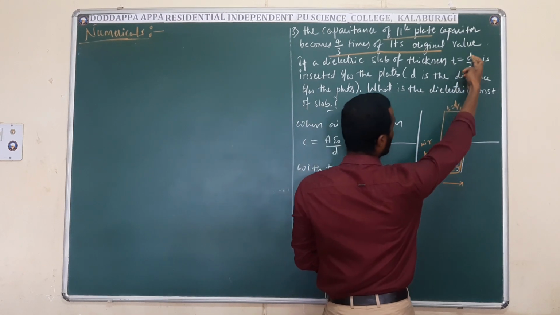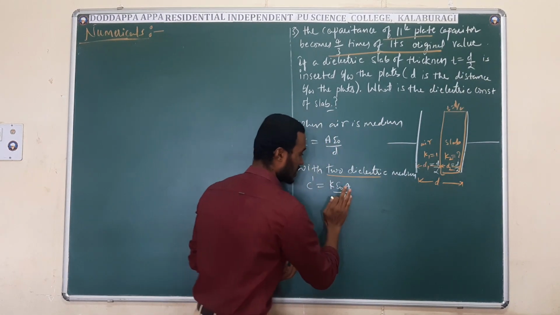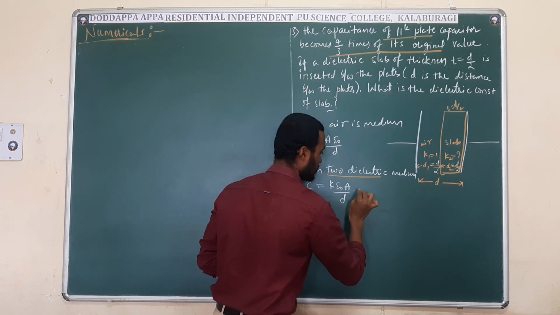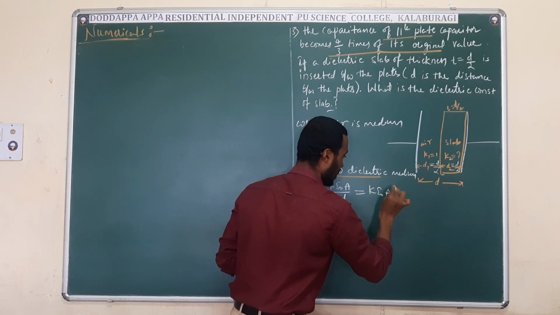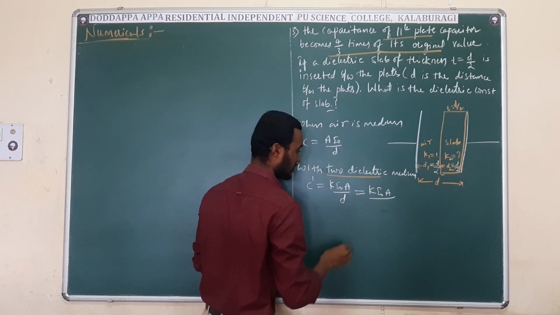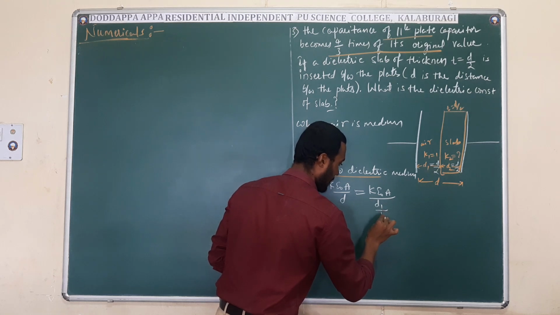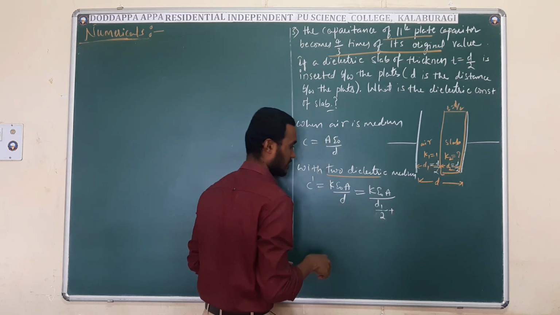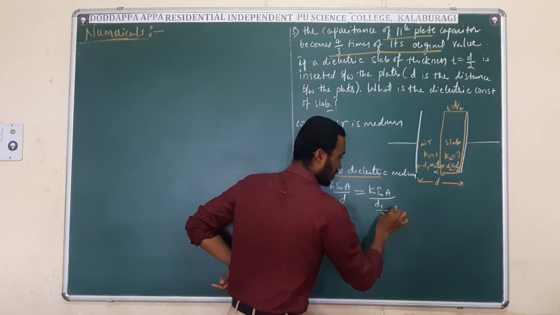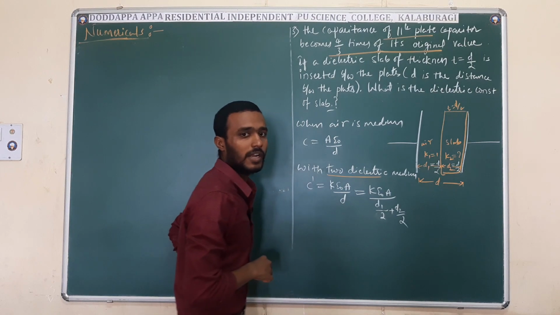So this formula I will alter as per the concept: K epsilon A divided by d1 by 2 plus d2 by 2, right?